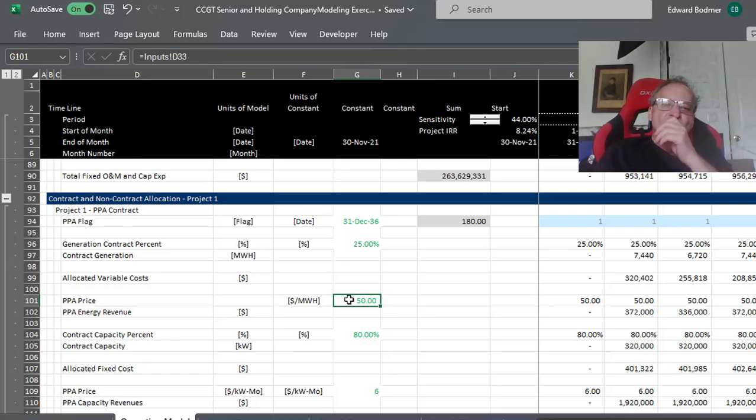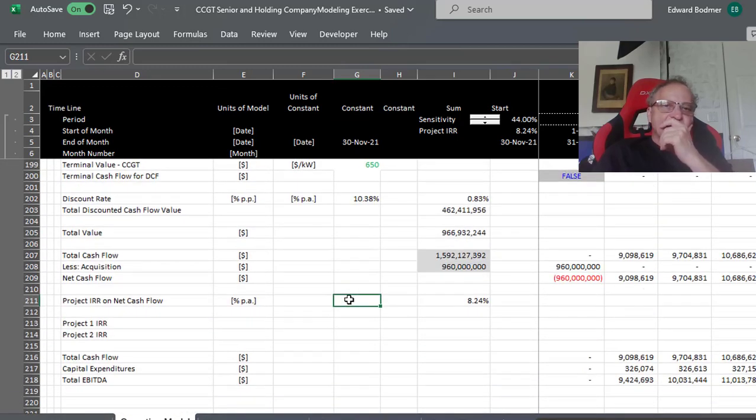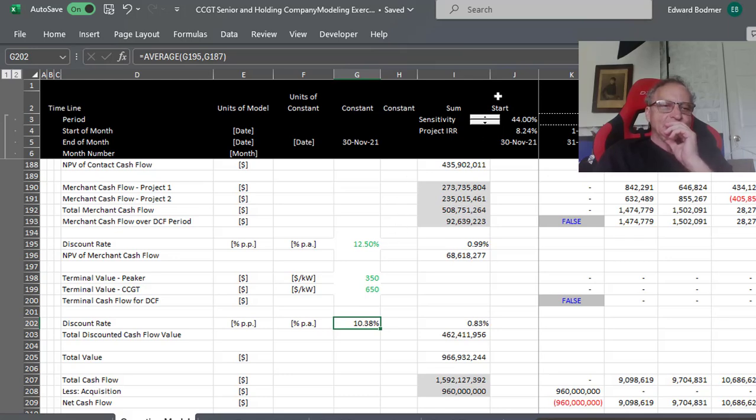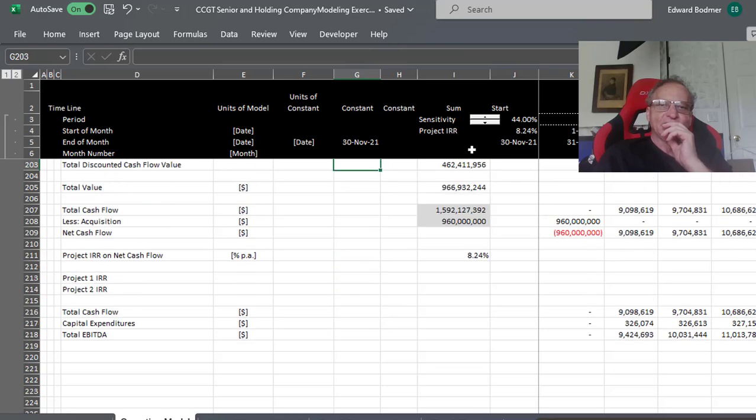Now, if you want to go through the valuation, well, okay, they had a different merchant and whatever discount rate for the merchant and the contract. Perhaps I was a little bit harsh by putting it down to 8%. Let's leave it at about 10%.